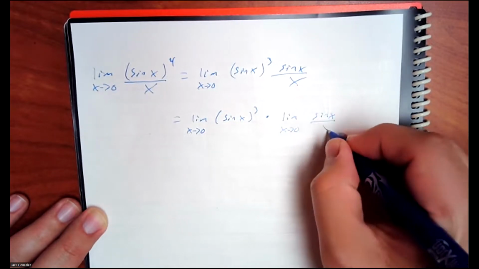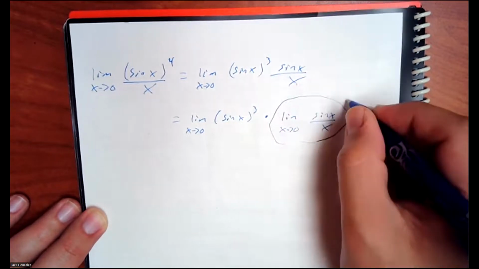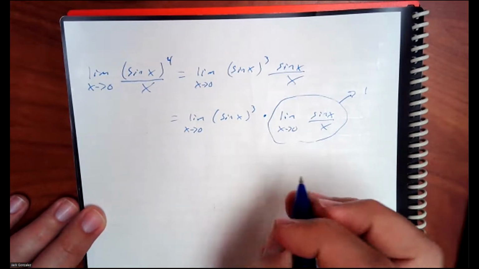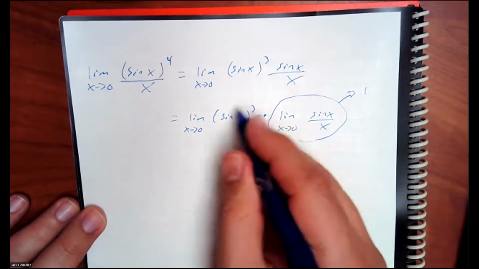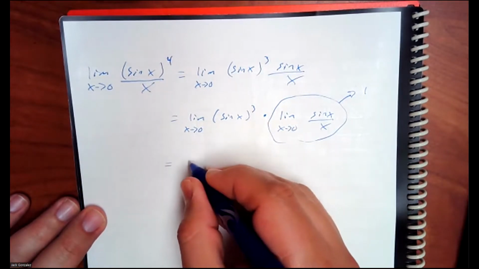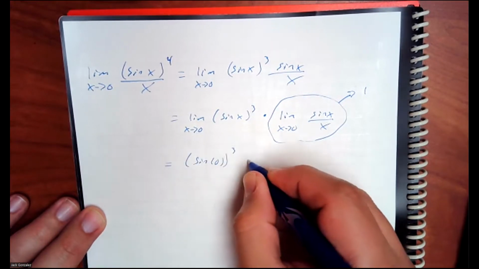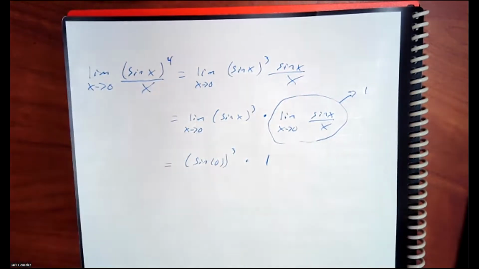You see how this one will go to 1, right? This one will end up being sine of 0 times 1 once you take the limits.